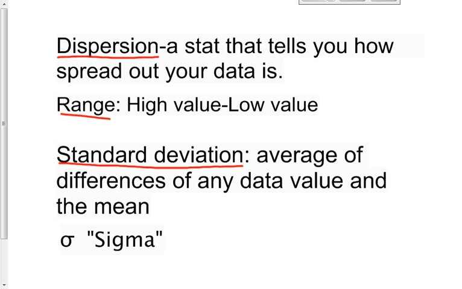Standard deviation is the average of the differences of any data value and the mean. Now there is a big, huge formula to figure out standard deviation, but we are going to let our calculator do all the work for us, and we are going to look for this symbol right here. This is the Greek symbol sigma. So on our calculators, I'll show you where to find that. So we have three measures of center, mean, median, and mode, and we have two measures of dispersion, which is range and standard deviation.